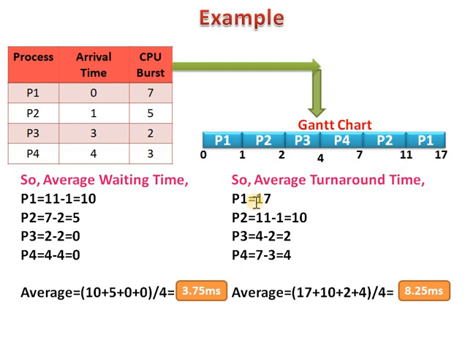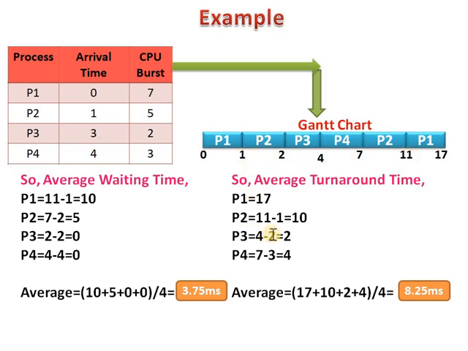Now we are calculating the average turnaround time. Turnaround time is the interval from submission of a process to the time of completion. So here turnaround time for the P1 process is 17 minus 0. Next for process P2, that is 11 minus 1.